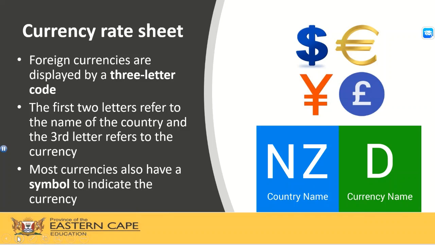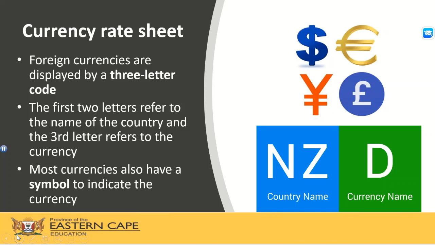I just want to draw your attention to the slide on your screen at the moment. This is a repetition of the slide in the previous lesson on foreign exchange, just to remind you that a currency rate sheet is given, and foreign currencies on that currency rate sheet are displayed by a 3-letter code. Now, the first 2 letters refer to the name of the country, and the third letter refers to the currency.